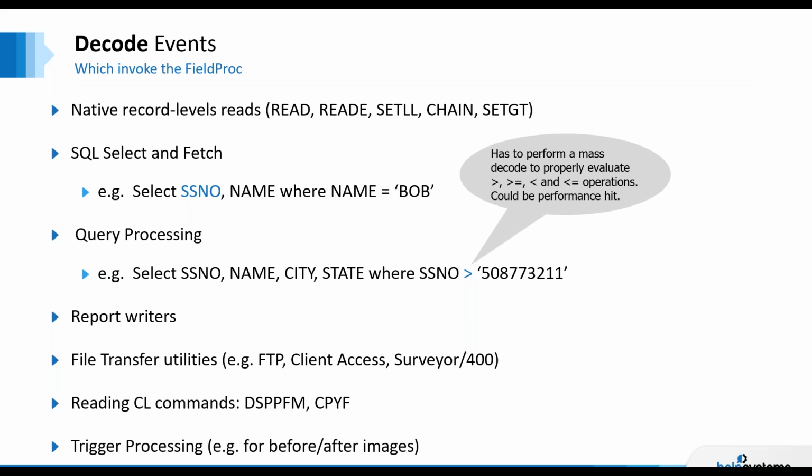If I use, for example, a greater than when I'm searching, I have to recognize that there is no way for me to really do that comparison against data that is potentially, or most likely, in a different order. In this case, the database manager will do a mass decryption of that column of data and then perform its match to return the values.